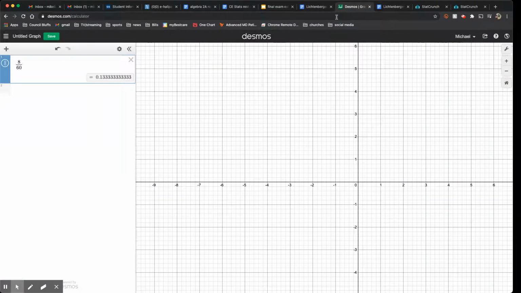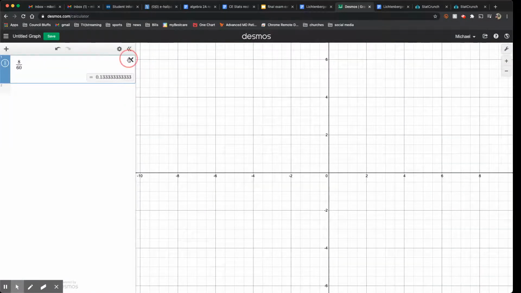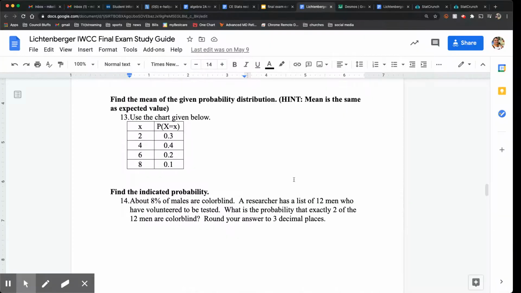Okay, so if you forgot, the way we find the mean or the expected value of a probability distribution is to multiply each number times its probability and then add everything together. So in other words, 2 times 0.3, 4 times 0.4, 6 times 0.2, 8 times 0.1. Multiply all those together and then add the answers.